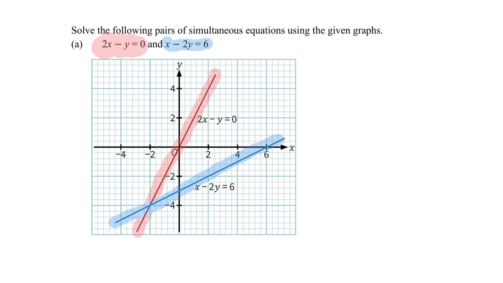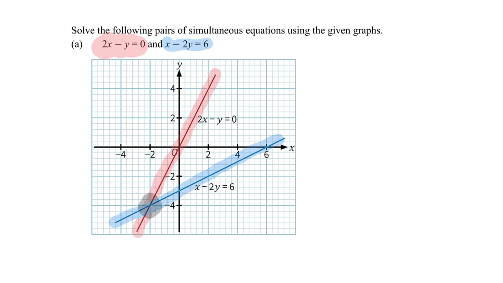So where could the particular solution of these two graphs be? Take note, for it to be a solution of both graphs, that particular point has to be on both graphs at the same time. And where do you think that could be?